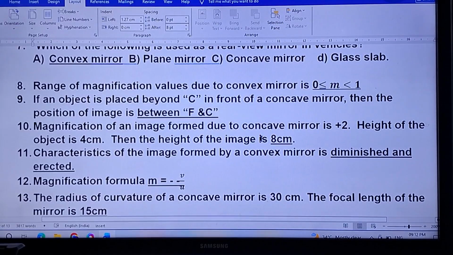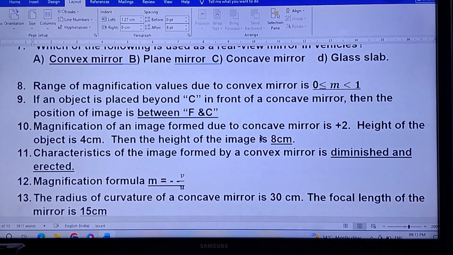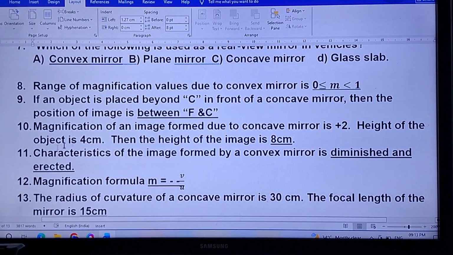Magnification is HI by HO, so HI by 4 is equal to +2. So HI is 4 twos are 8 centimeters. This type of sum we have done earlier also.